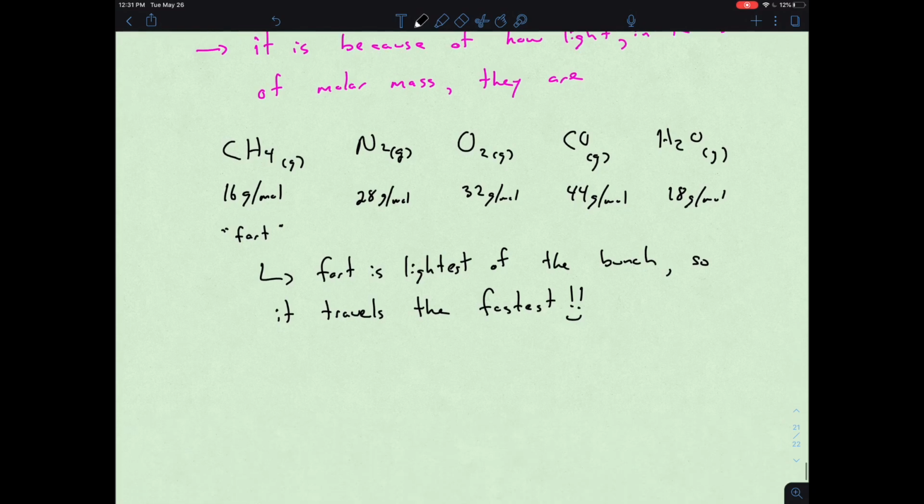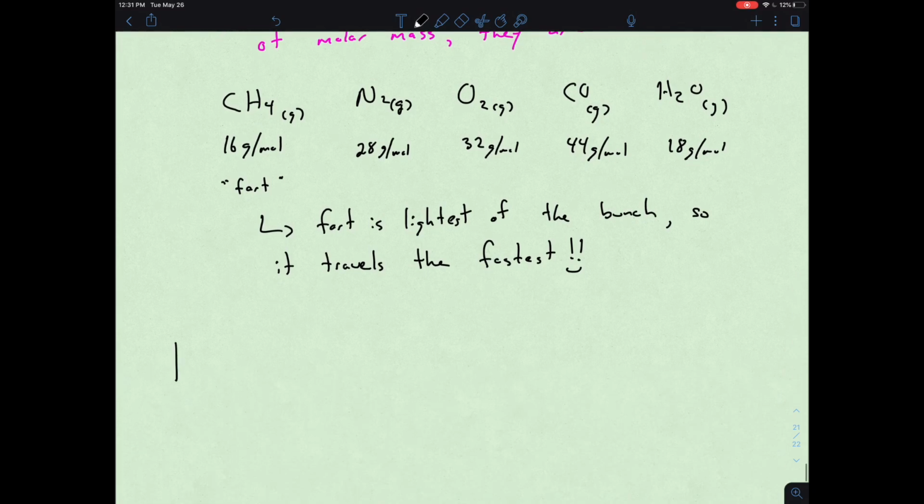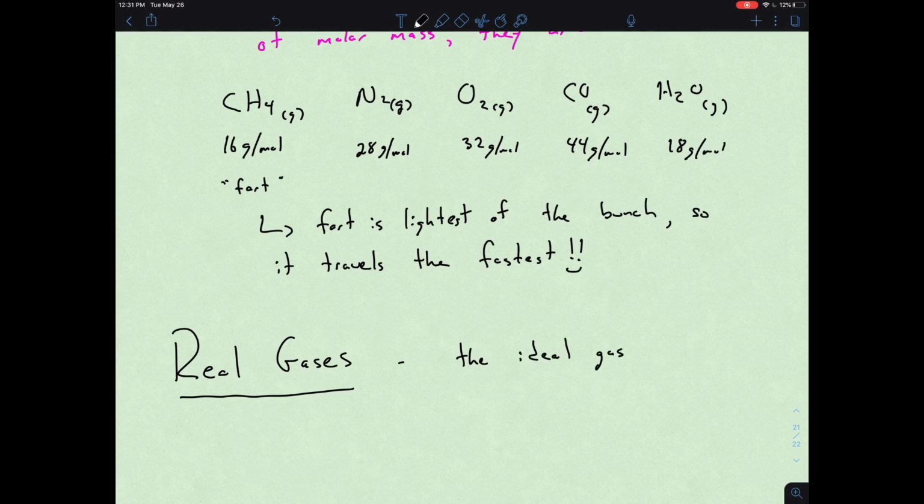The last bit of this module is now looking at real gases. And so we have to remember that the ideal gas law has some assumptions.